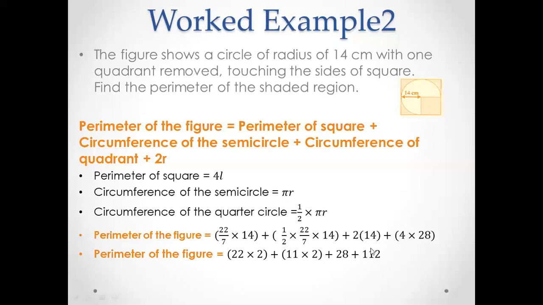When we multiply 14 by 2, it becomes 28, and 28 multiplied by 4 is 112. Further simplifying, we have 44 plus 22 plus 28 plus 112. The sum of all this is 206 centimeters, which is the perimeter of the shaded region.